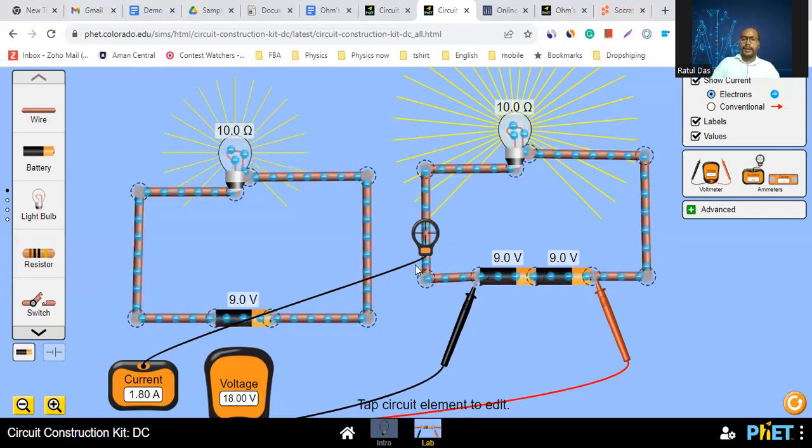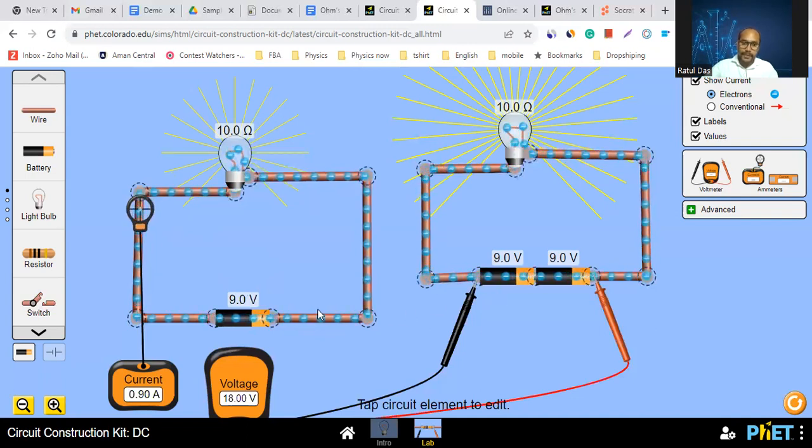So what can we conclude from these two circuits? We can conclude that if we increase the potential difference, current will increase in this circuit. How can we visualize the current in the circuit?